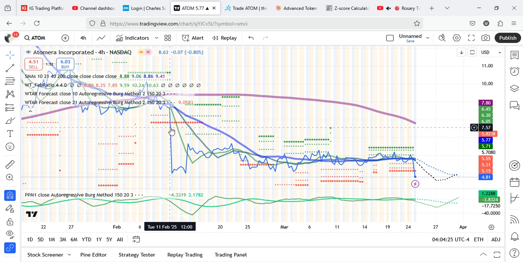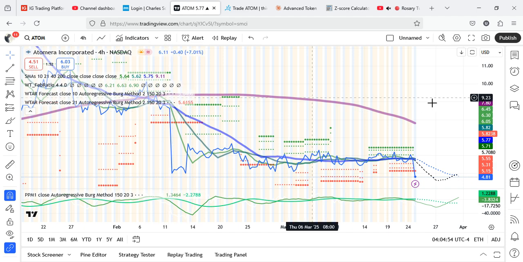So our next upper projection is 8.49. Let's see, somewhere around here. We have moving averages in the past, as of the 11th of February, that were equally higher.